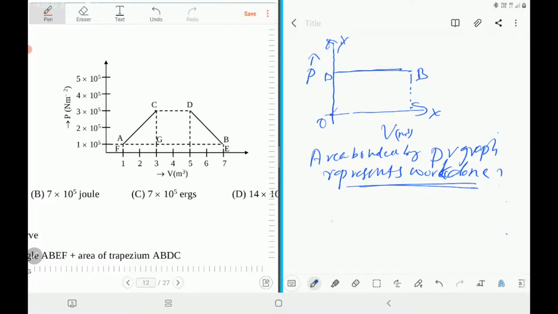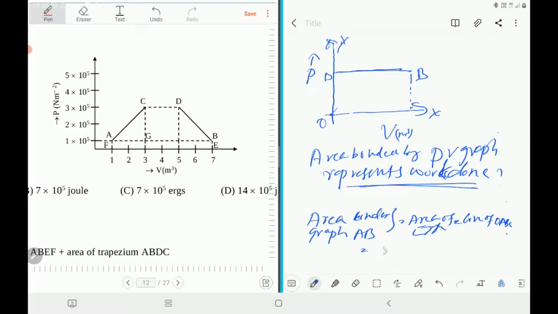So now what is the area? How do you find the area under graph AB, a straight line? The area under graph AB is a rectangle, OABC. What is the area of a rectangle?